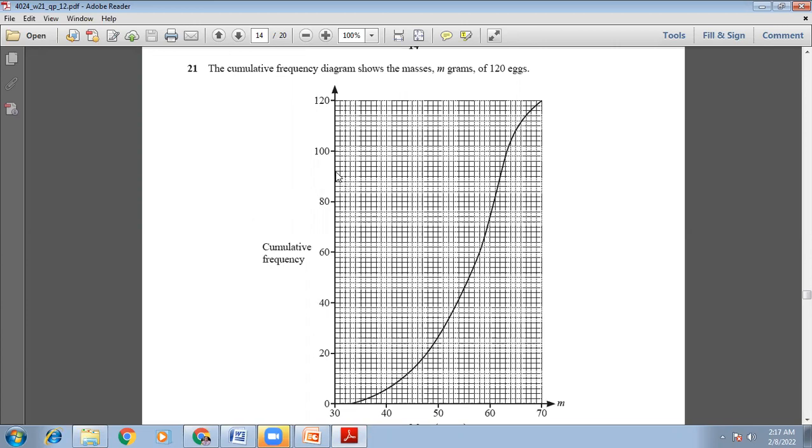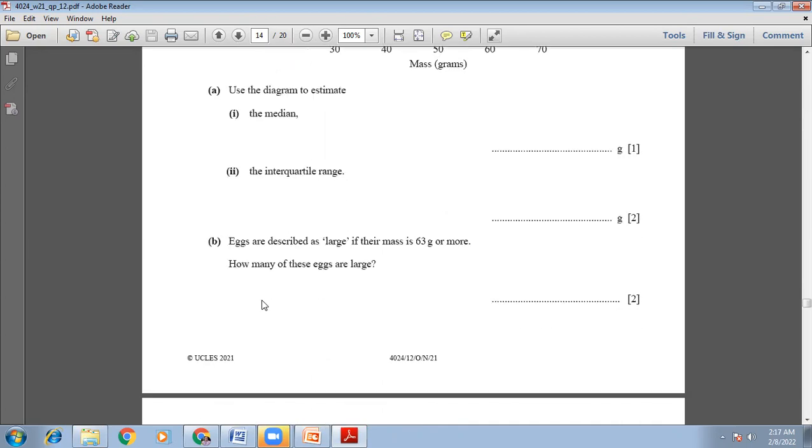So from the 90, you will go to the graph and check what's the value on the x-axis. That will be Q3. Q1 is 25% of the cumulative, so that will be 25 by 100 into 120, and that will be 30. So from 30, go to the graph and check what's the value on the x-axis. That will be Q1. So Q3 minus Q1 will give you the interquartile range. That's the strategy, how the interquartile range can be found.